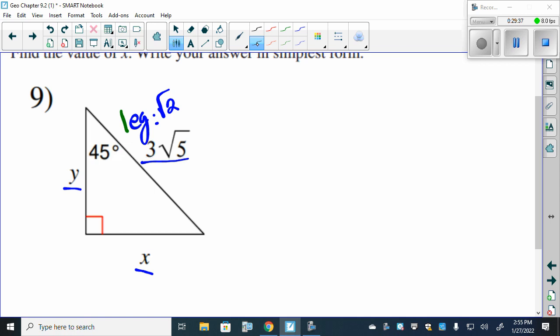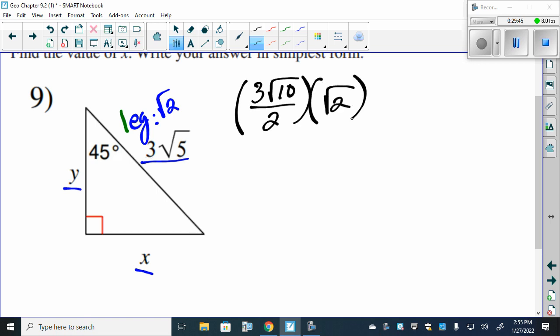Because what we said the legs are is 3 square root of 10 over 2. Well, if we multiply it by the square root of 2, we should get back to 3 square root of 5. Now, if we multiply these together, the square root of 2 and the square root of 10 will multiply, because we multiply with the numerators. And 2 times 10 would give us 20.